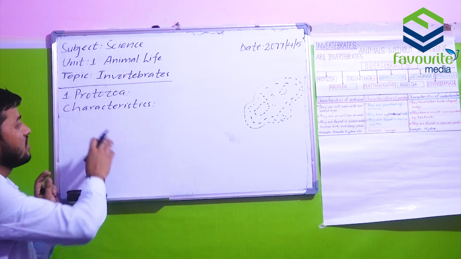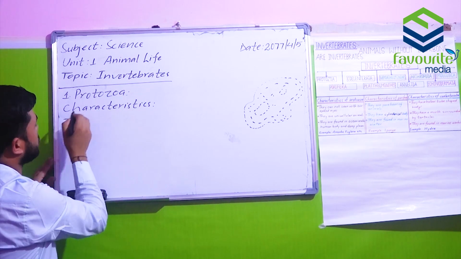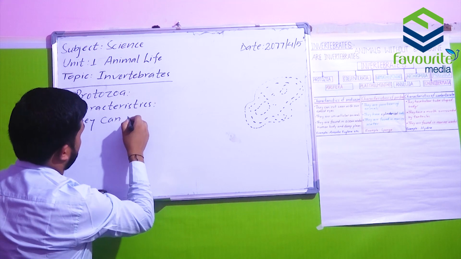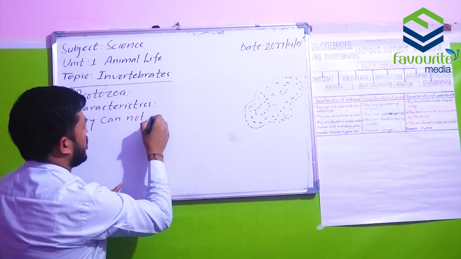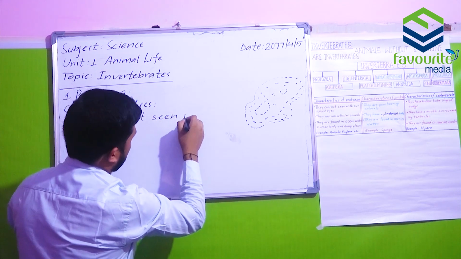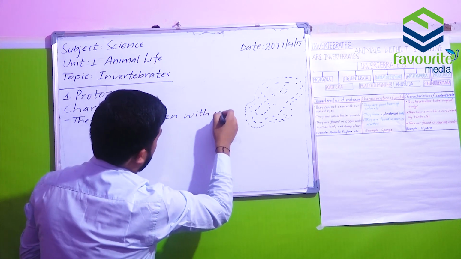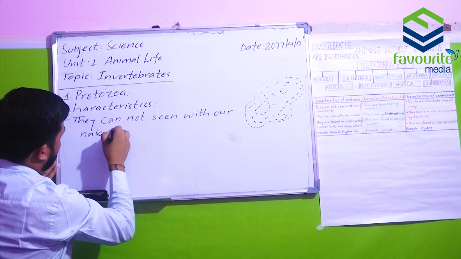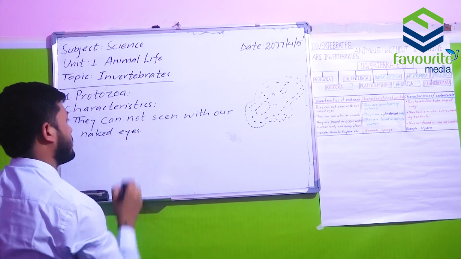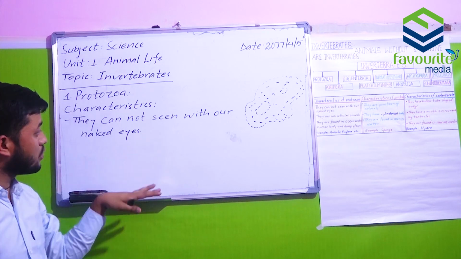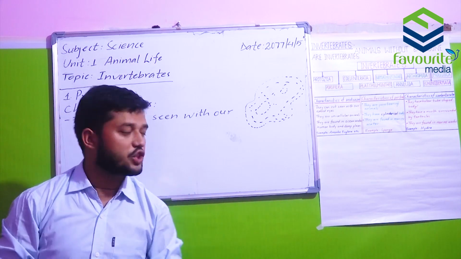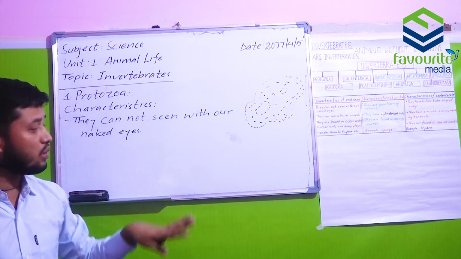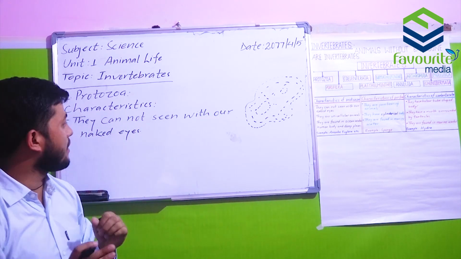The characteristics of protozoa: first, they cannot be seen with our naked eyes. It means that protozoans, the amoeba and paramecium, cannot be seen with our naked eyes. To see them we have to use a microscope.